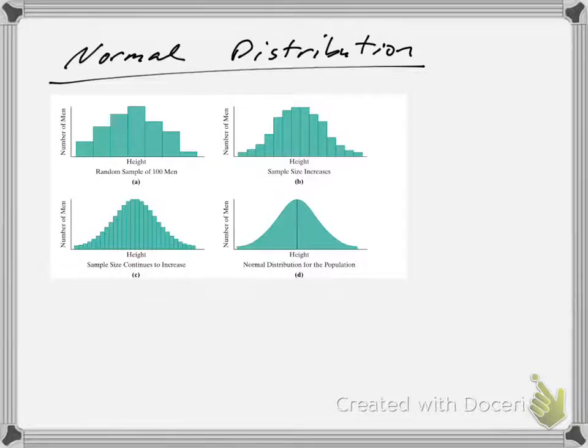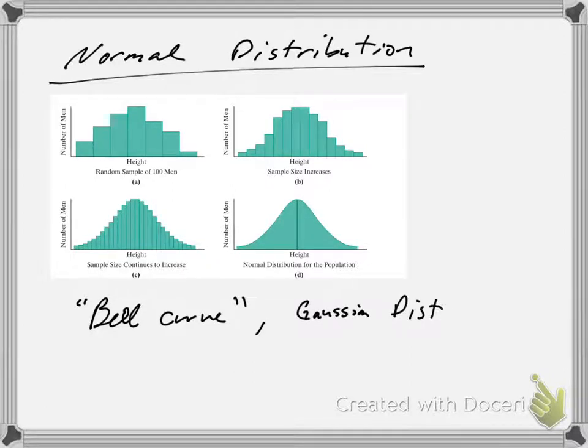Sometimes it's called the bell curve. Other terms that you're going to see are bell curve, or the Gaussian distribution. These are all terms that are used for this shape of a curve as it relates to data.